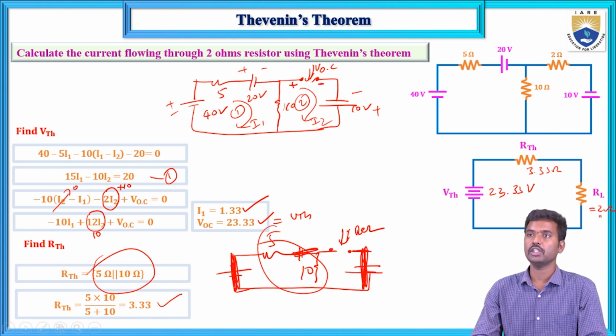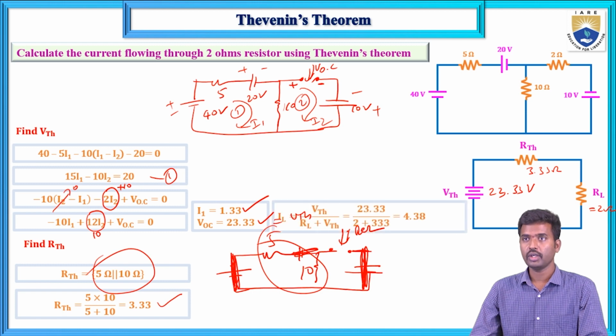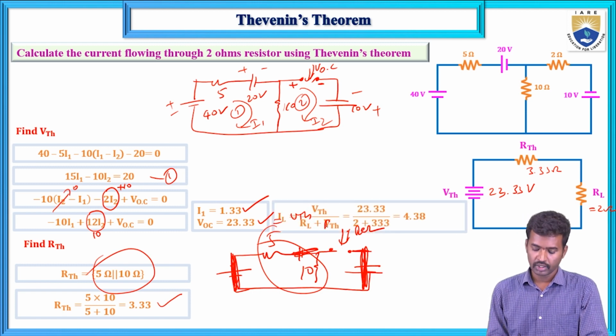Now we know the VTH, RTH and RL. So the load current IL equals VTH divided by RL plus RTH, which is 23.33 divided by 2 plus 3.33, equals 4.38 amperes.